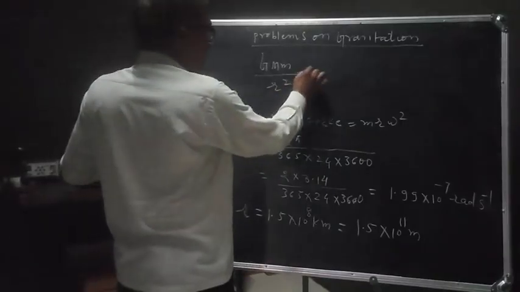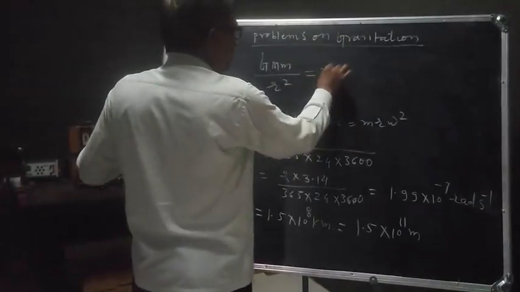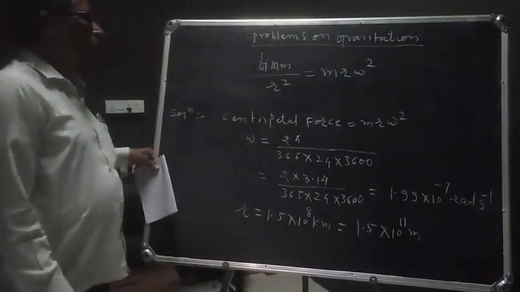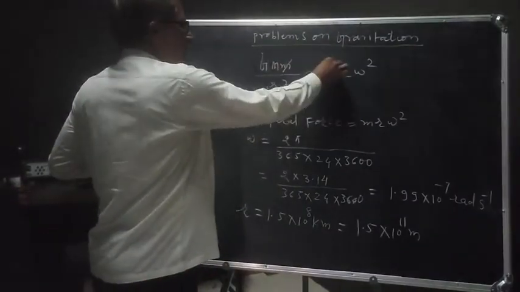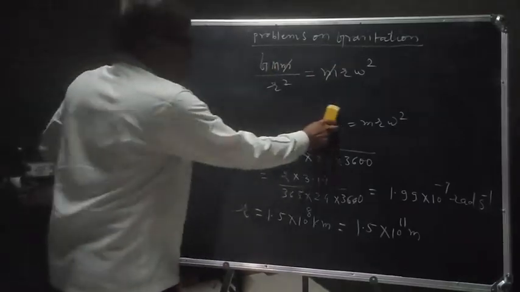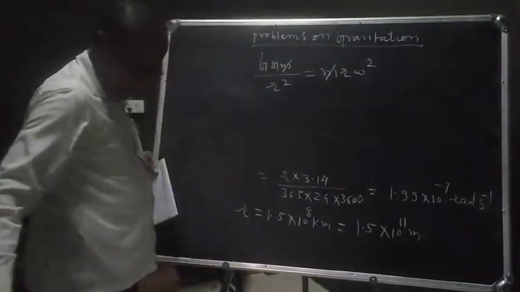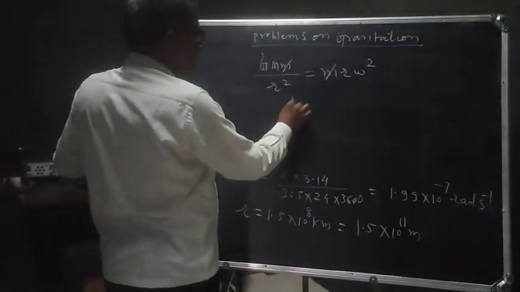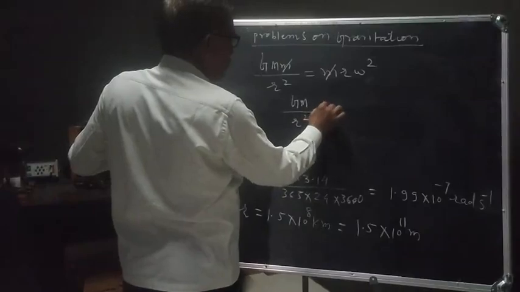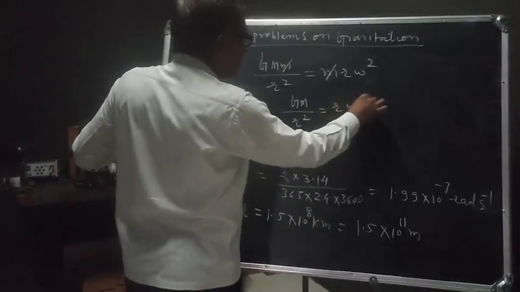Therefore, we can write that the centripetal force equals m r omega square. Here, this small m and this small m get cancelled and we can rearrange the equation like this: G M upon r square equals r omega square.